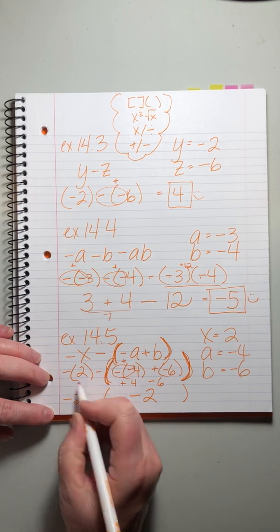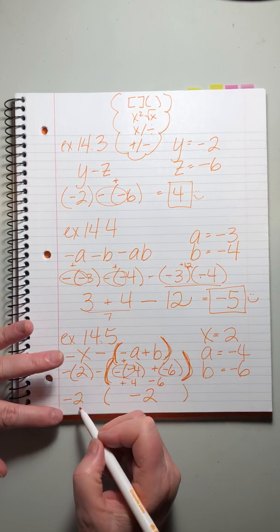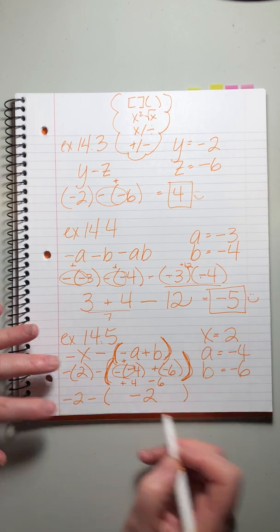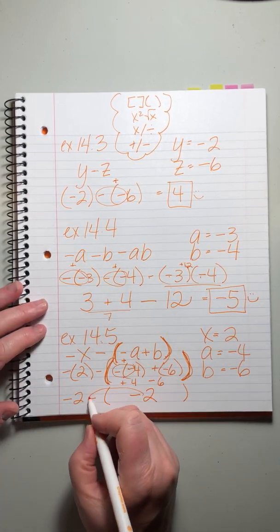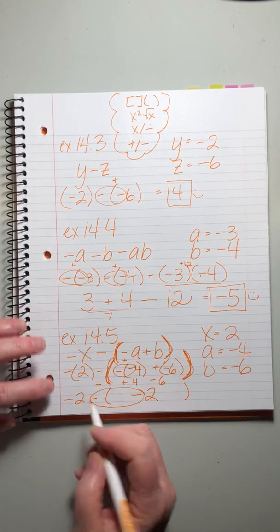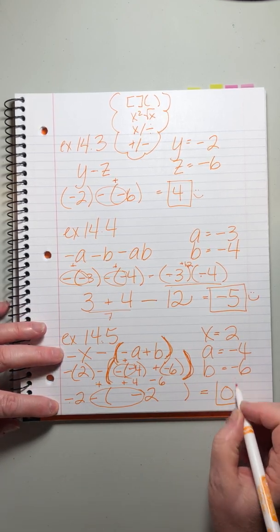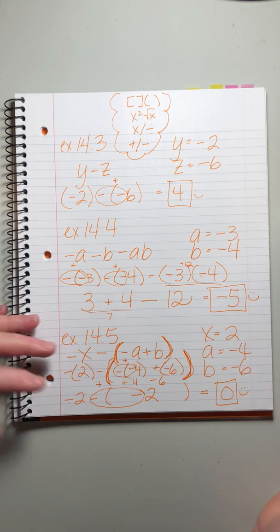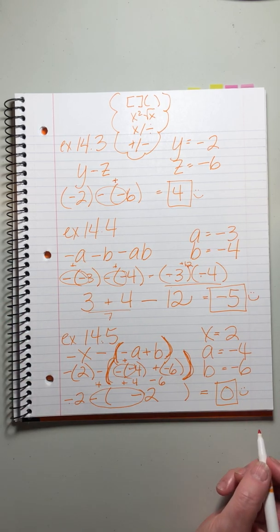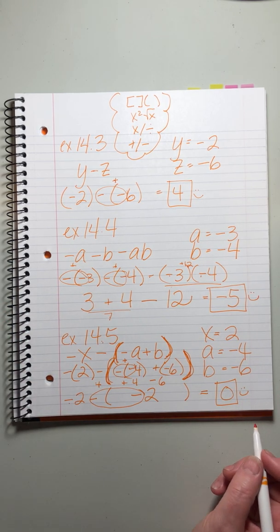Then we bring this. I'm just taking the parentheses off. I don't need those anymore. -2 minus -2. Those two together make a plus. So it's -2 plus 2. That equals 0. That's the right answer. Oh, and that's strangely satisfying, isn't it? I like that one a lot.